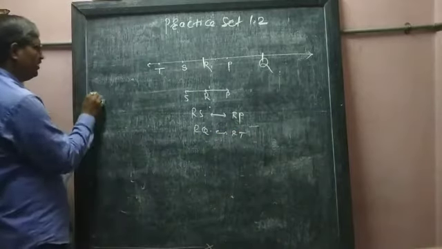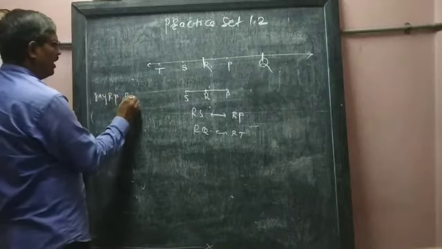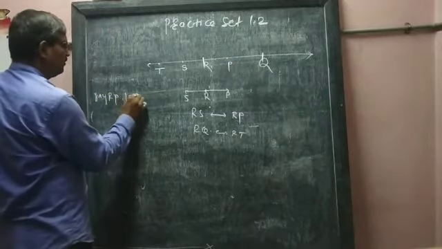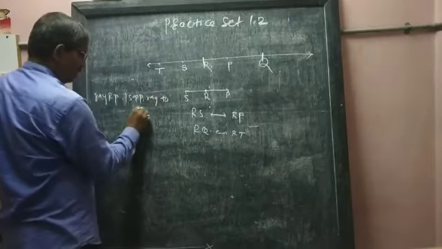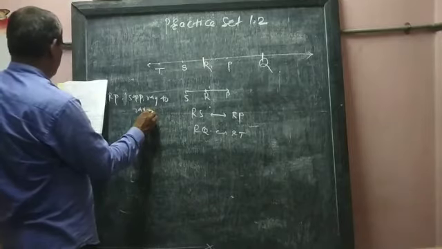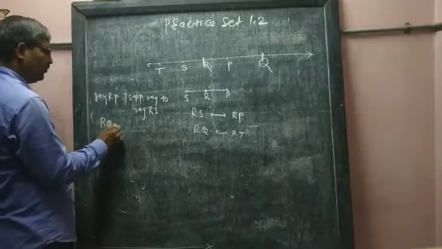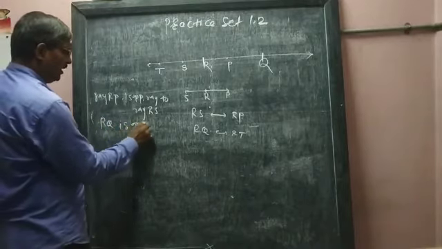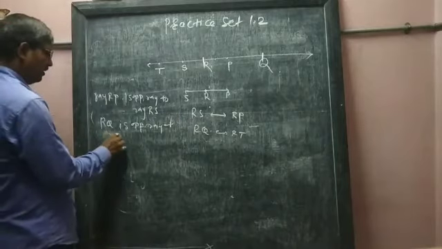So therefore I will write ray RP is the opposite ray to ray RS. No matter. Ray RQ is the opposite ray of ray RT.